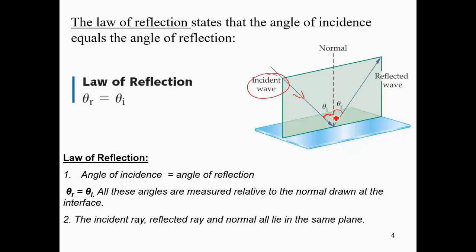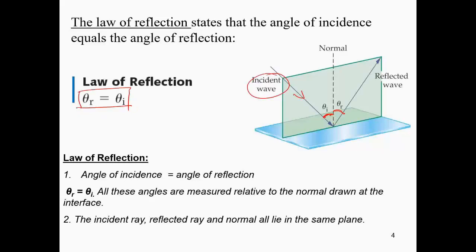This is the angle of incidence, this is the angle of reflection, and these angles are with reference to the normal, the imaginary normal drawn to the surface. So it's a very easy law.